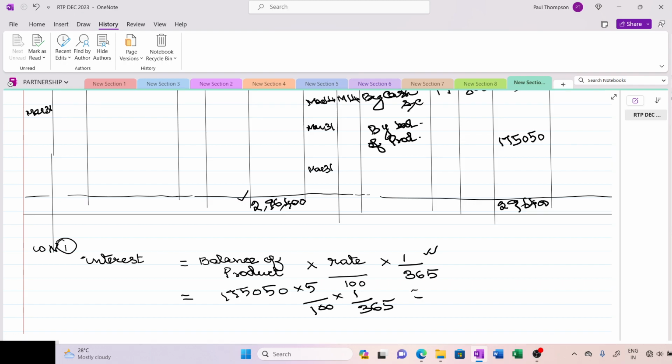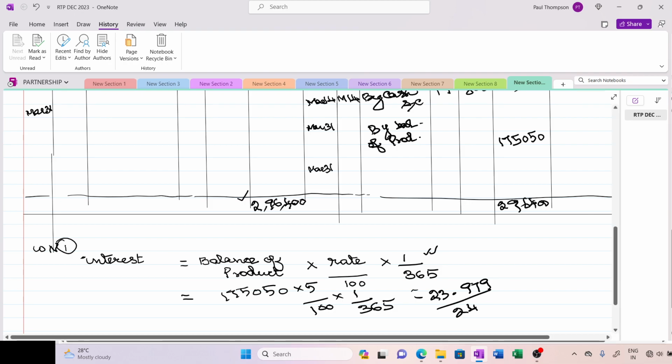So I am going to find out 1,75,050 into 5 divided by 36500. So it is around 23.979. So let me take it as a round of 24 rupees.